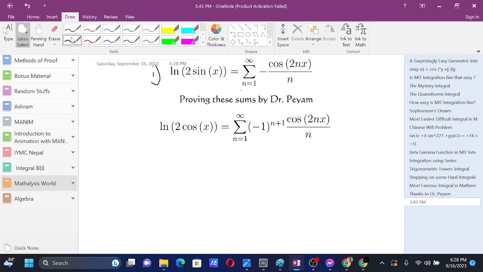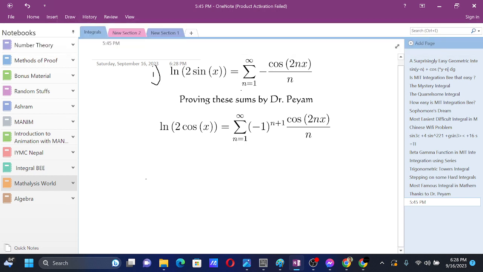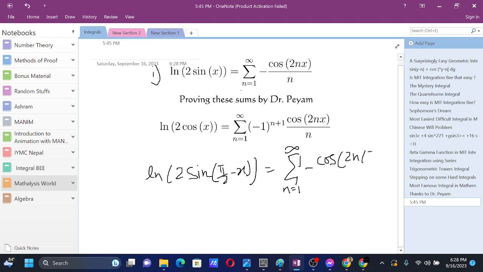Since we have the first one, what you can do is just substitute x by pi by 2 minus x, since that will change sine into cos, and so we have the summation from n equals 1 to infinity of minus cos 2n of (pi by 2 minus x), and then over n.